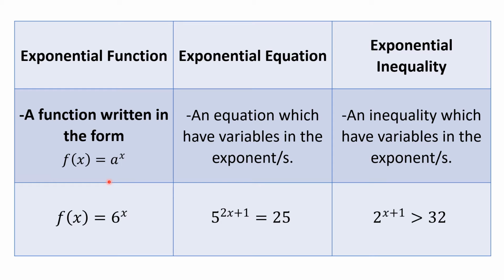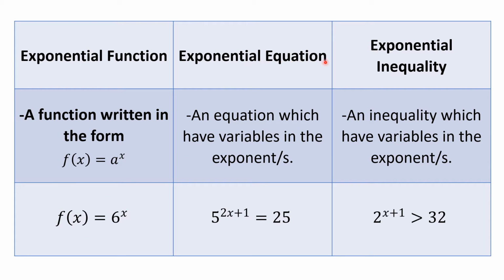For example, if our exponent is 2, we have a corresponding value of y, or of f of x. An example is f of x equals 6 exponent x, an example of an exponential function.